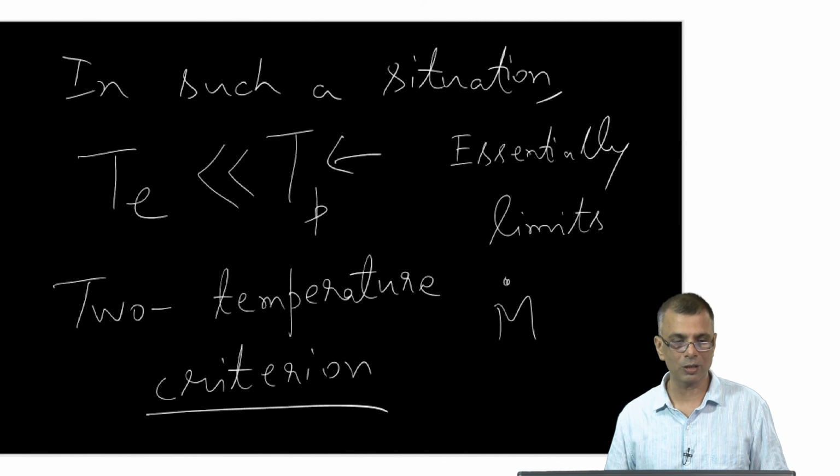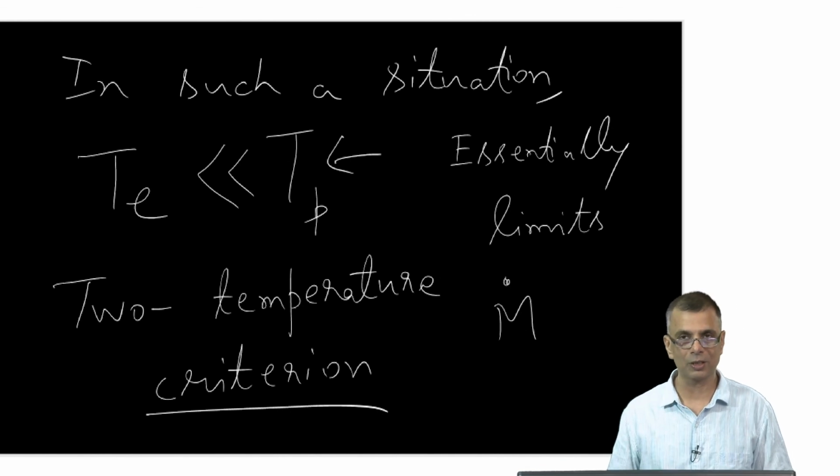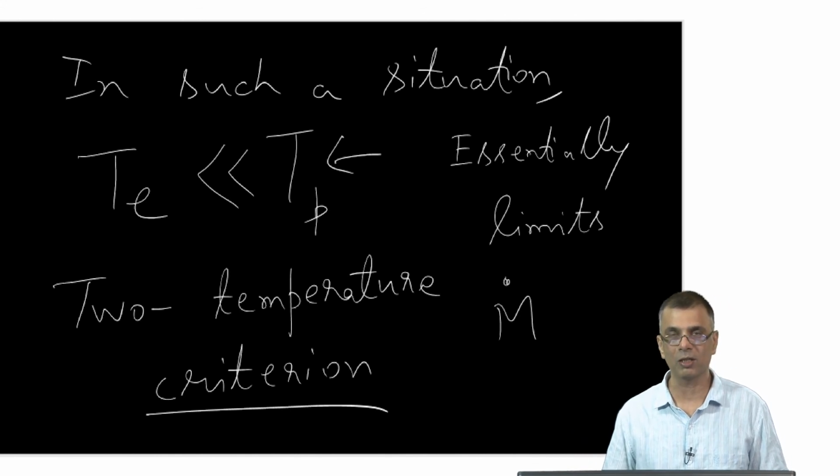In such situations, the whole concept of accretion disk viscosity becomes considerably more complicated, and our classical descriptions of viscosity no longer hold. But that's a subject that's somewhat advanced, and we won't bother about it.